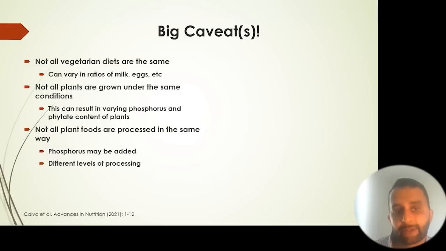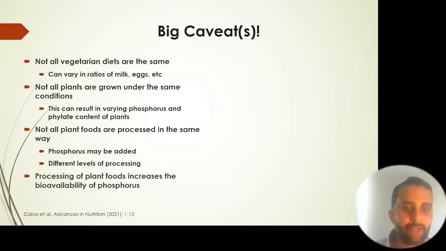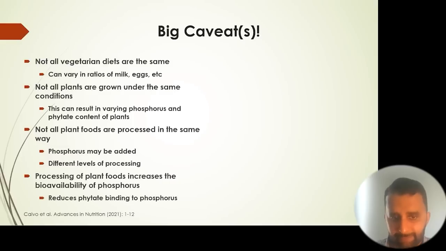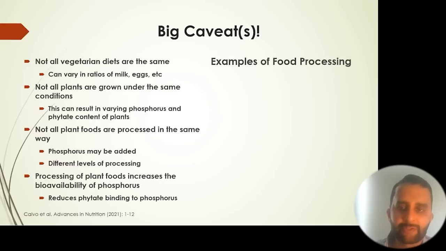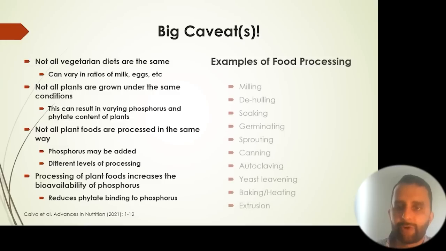A big factor that affects phosphorus absorption is actually the way these foods are processed. Phosphorus can be added, and there are different levels of processing, and the processing of these plant foods increases the bioavailability of the phosphorus. This is because there's less phytate binding to the phosphorus as more food is processed and this phytate bond becomes disrupted.